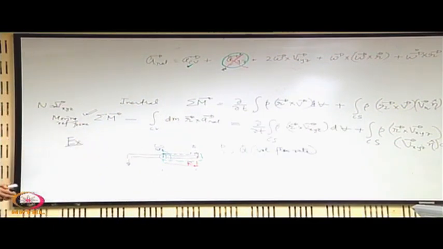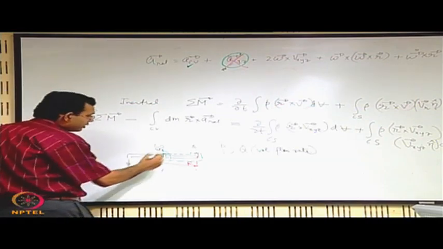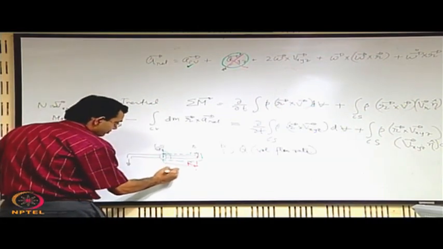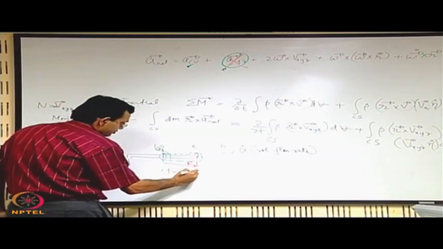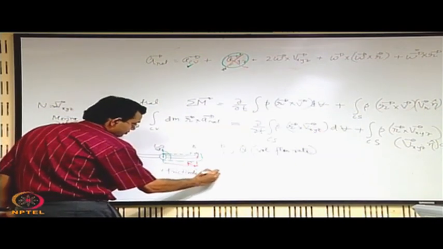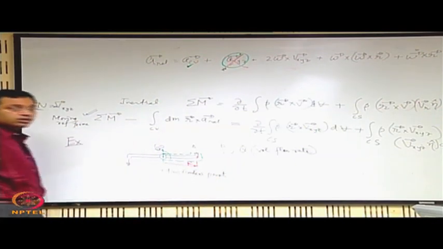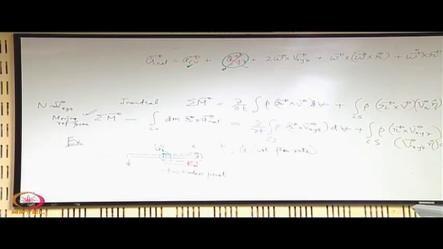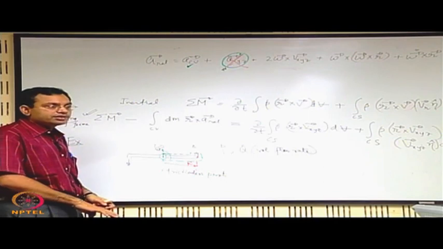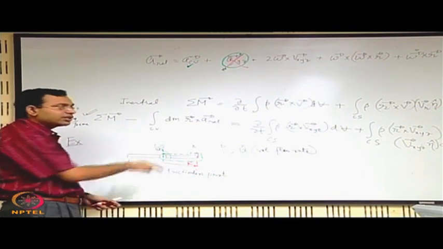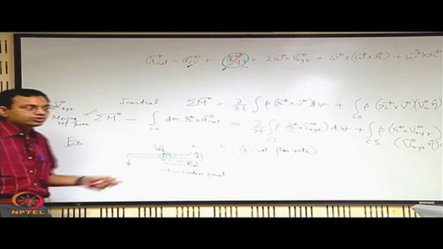So, again we are considering that it is a frictionless pivot. What it tells is that there is no frictional resistance moment when this is rotating. So, this is rotating freely, so to say.